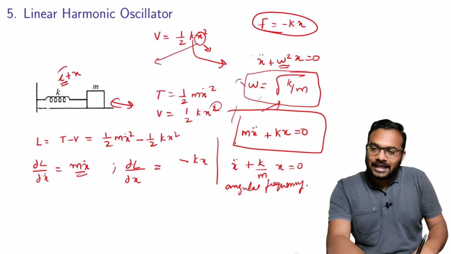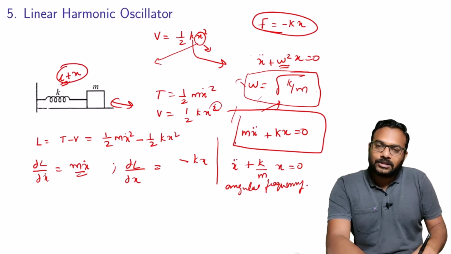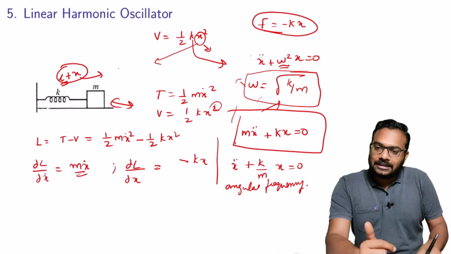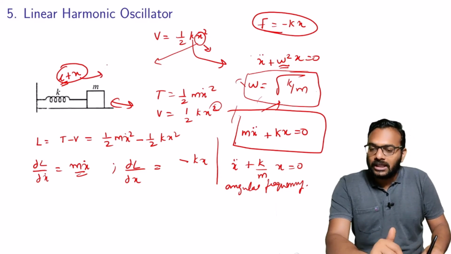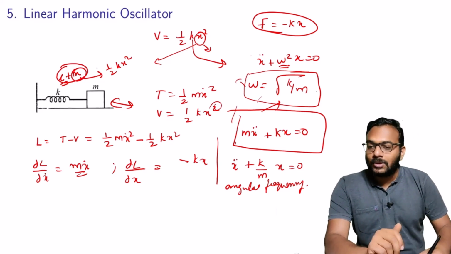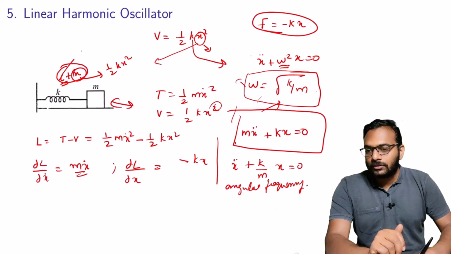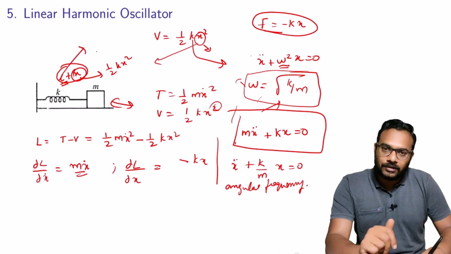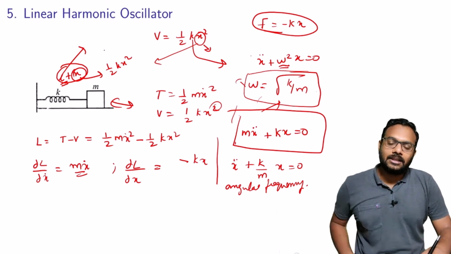But this L does not appear in the kinetic energy, because when you take the time derivative, it disappears, and the potential energy only involves half k x square, the elongation, how much it has elongated from the equilibrium position. So if the length of the spring is L, the potential energy is 0. That was the reference that we took in the previous problem.